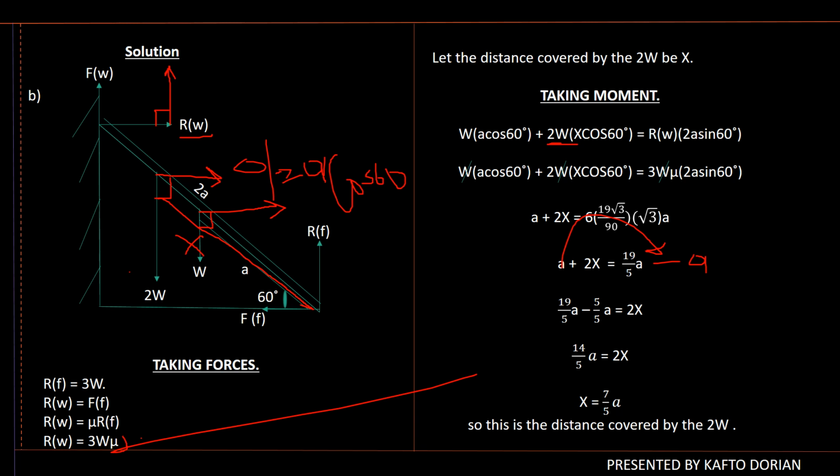I divide both sides by 2, I have 14 on 10a equals x. Then 14 on 10, divide both by 2, I now have 7 on 5a, which is the distance covered by the 2W boy before the ladder begins to slip.